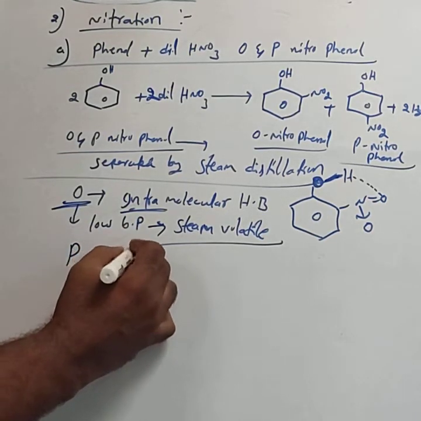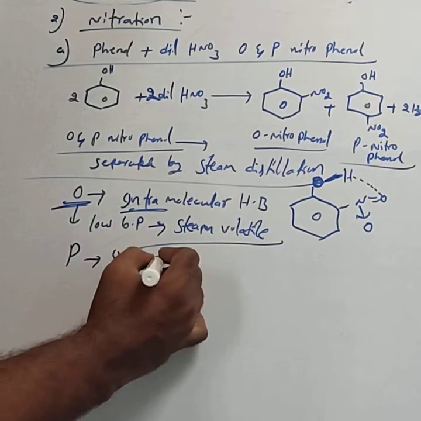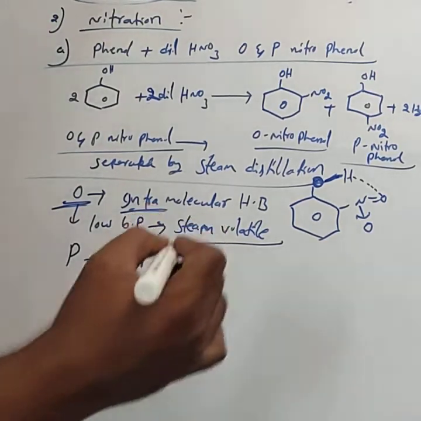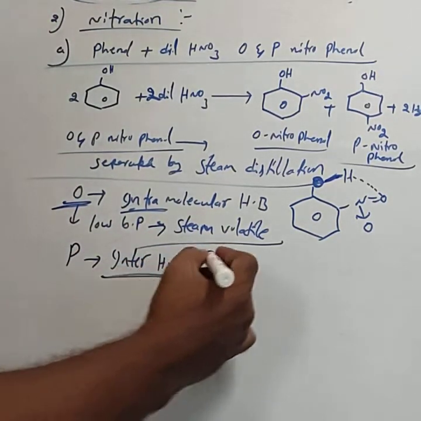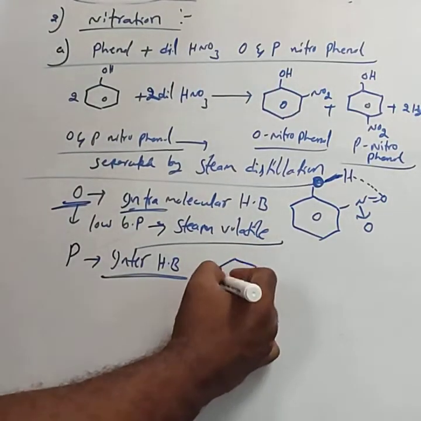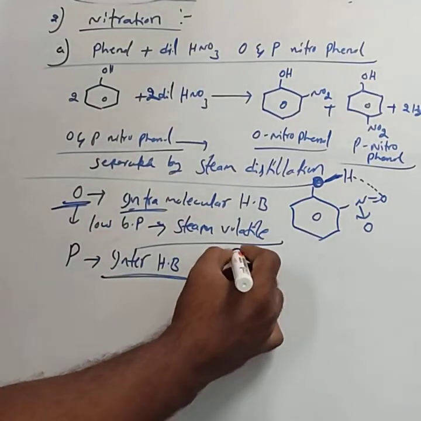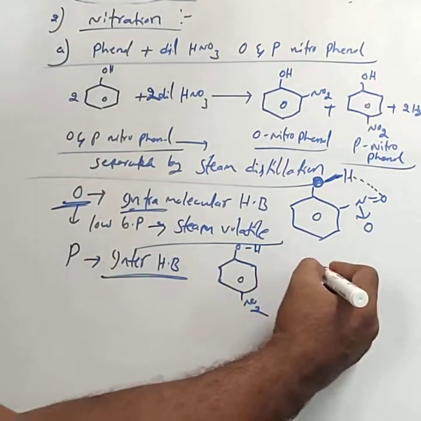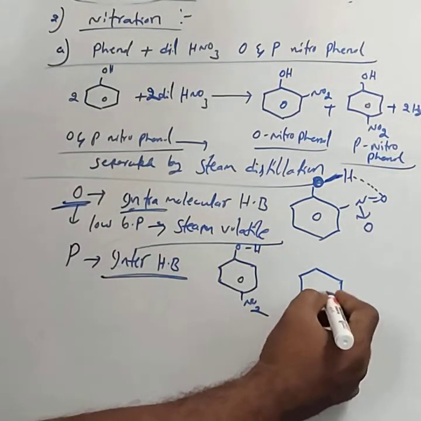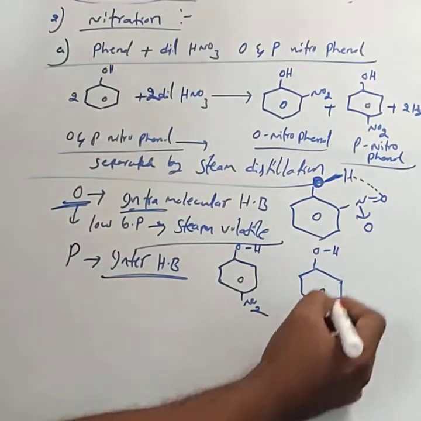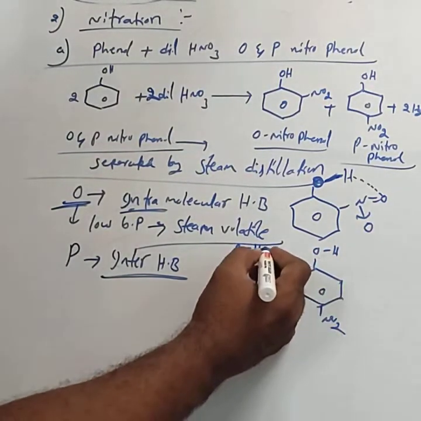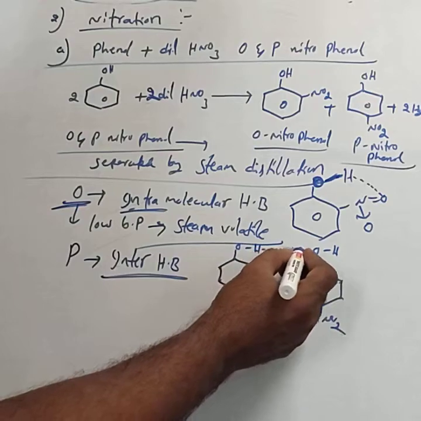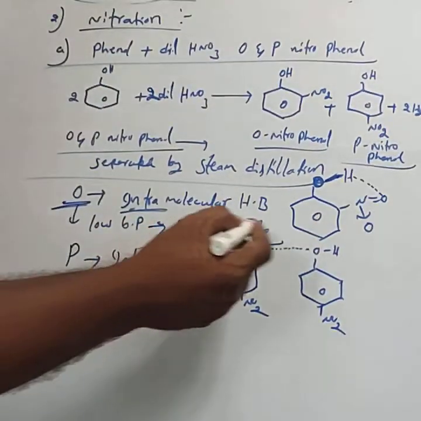para-nitrophenol involves intermolecular hydrogen bonding. Inter means between two nitrophenols. This is one nitrophenol, another nitrophenol, OH, NO2. Between this hydrogen and oxygen, hydrogen bond arises.